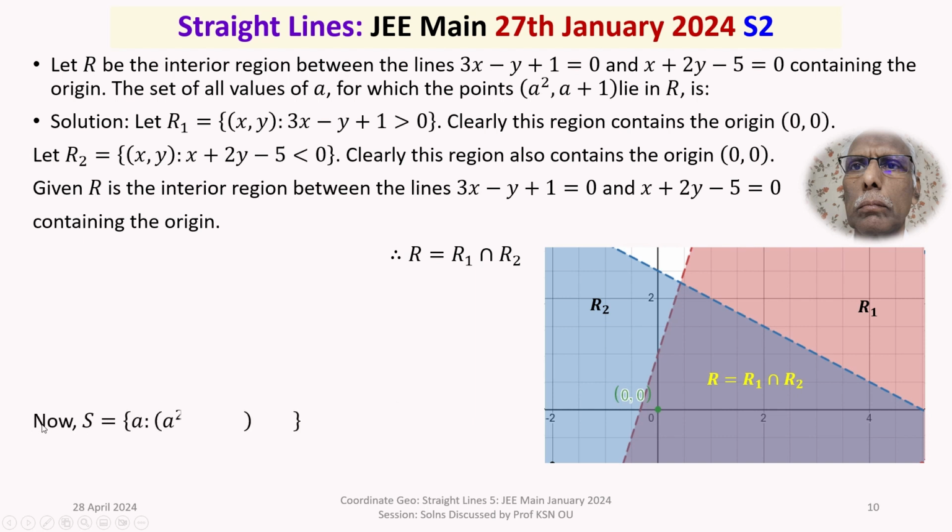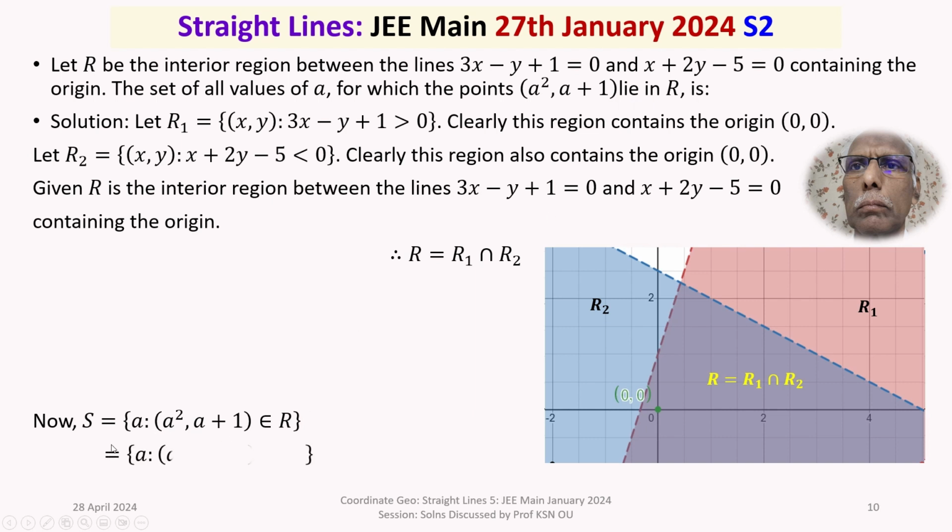Now let's call S the set of all those a such that the ordered pair (a², a + 1) belongs to R. So you have to find out the set of all values of a for which these points lie in R. This is precisely what we want.